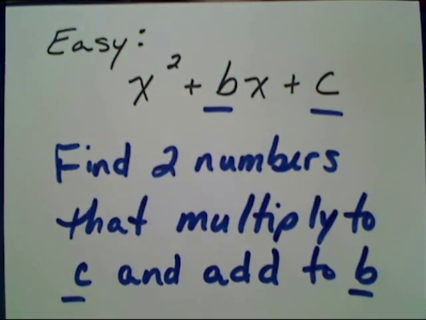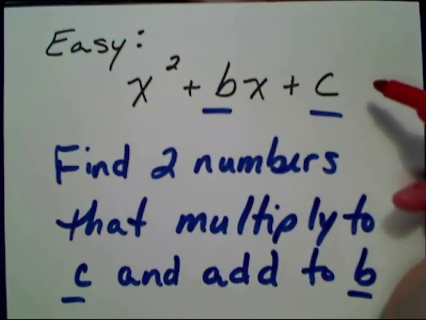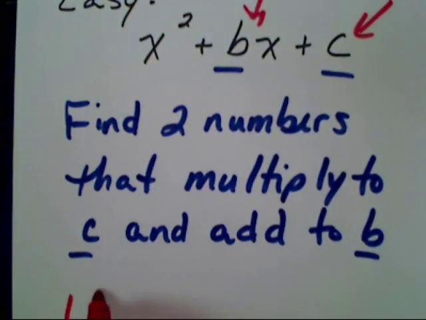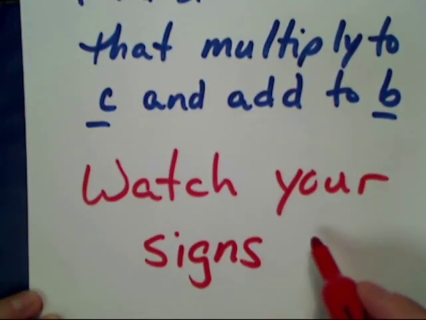So for the easy form of a trinomial, when we have x squared plus bx plus c, the key is to find two numbers that multiply to c and add to b. So you're going to ask yourself, what two numbers multiply to c and add to b? And as always, watch your signs.